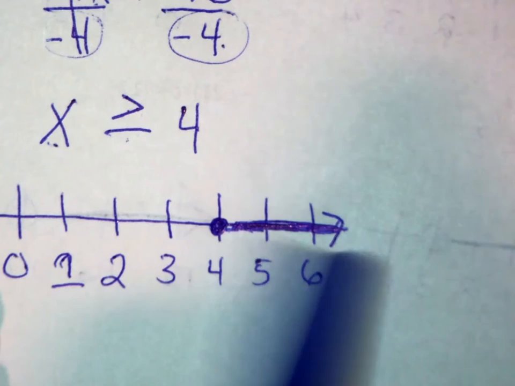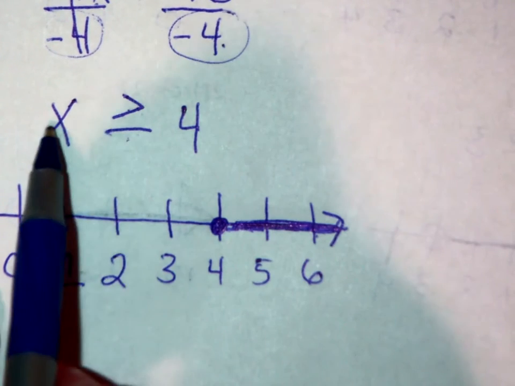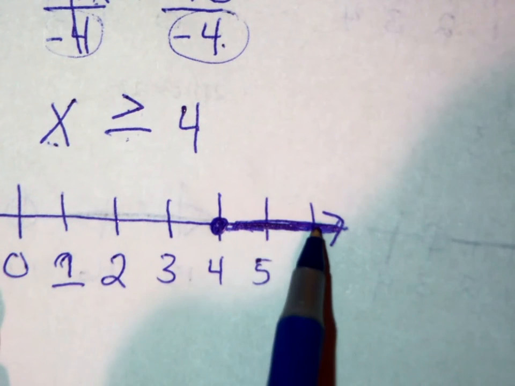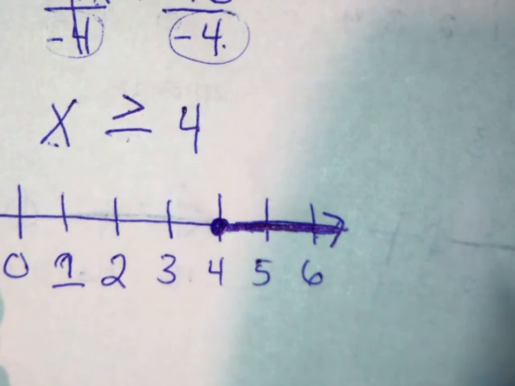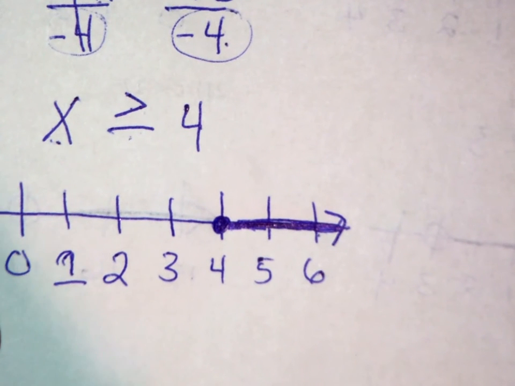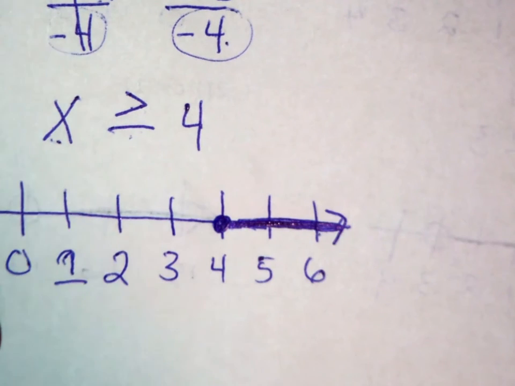Yes, it is greater than, so that would be an included value. 6 is greater than 4. That would be an included value. So we know that as we continue to progress towards the right on our number line, all of those values would be included. And so that's where we would make our line indicated.